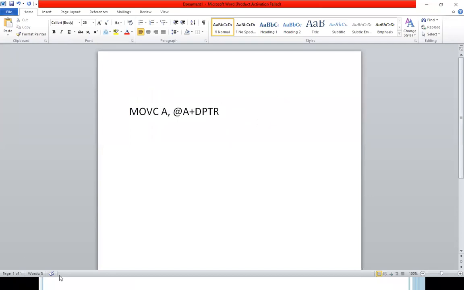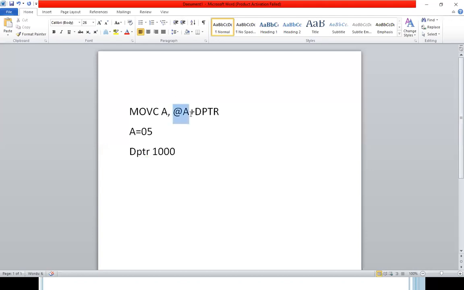Here A is the accumulator, suppose A contains value 05, and DPTR is 16-bit and contains some value, for example 1100.